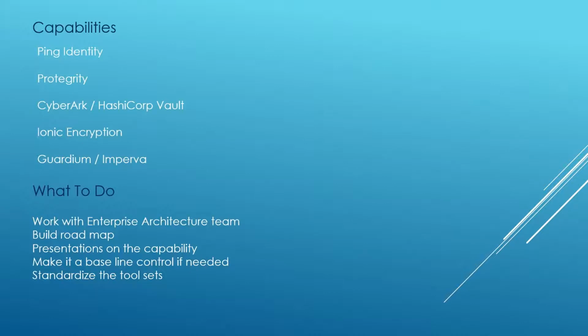When you are working with capabilities, you need to work with your enterprise architecture teams, identify the capabilities required by the organization, then build a roadmap and implement those capabilities in the organization. Once you acquire a capability, you may have to make presentations to various stakeholders. What is this capability?